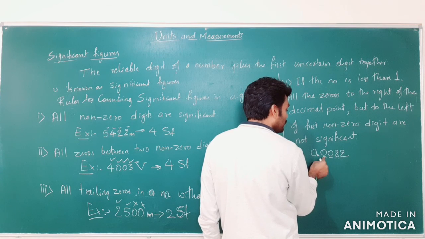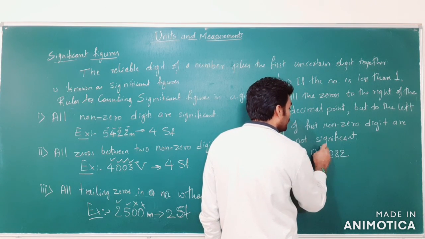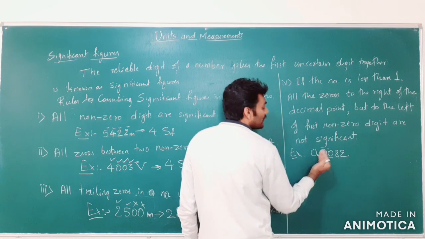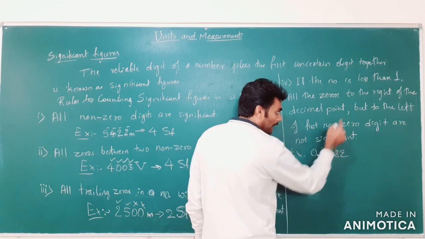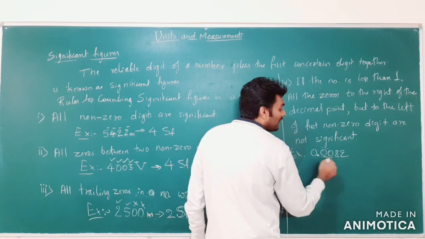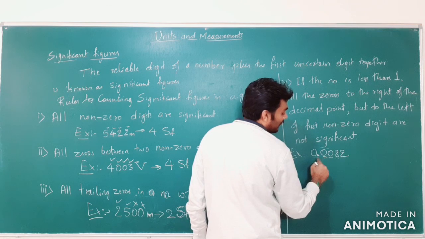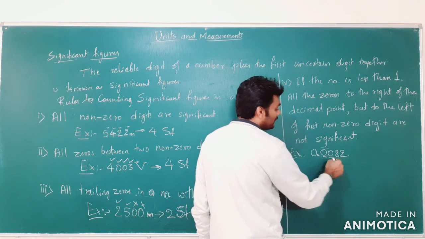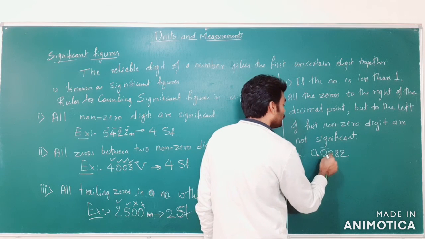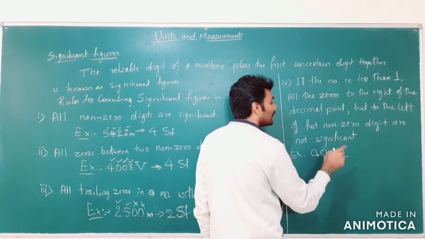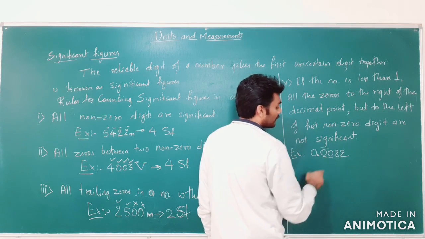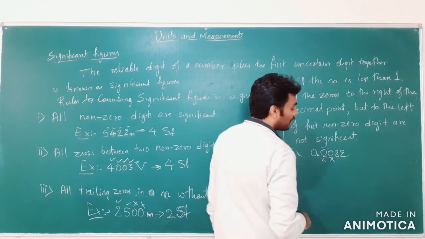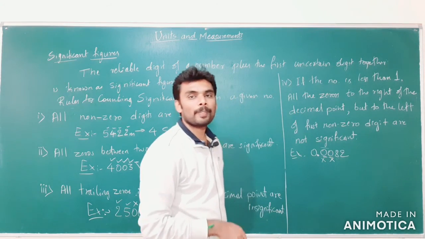So this 0 and this 0, both of them are to the right of the decimal point and at the same time to the left of the first non-zero digit 8. So these two zeros are not significant.